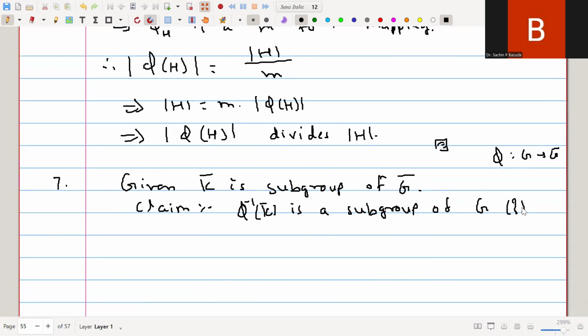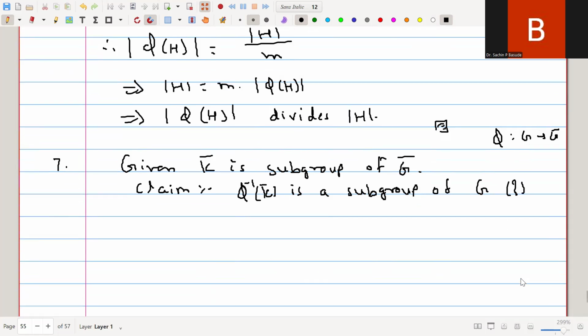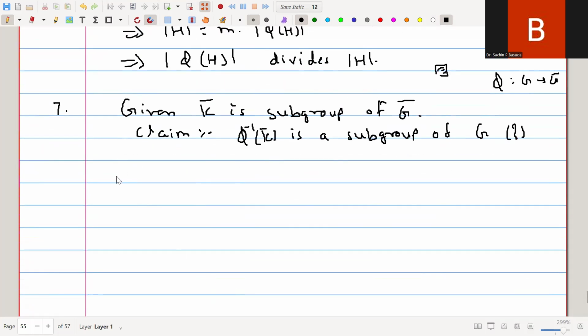Okay. Again, we know that under a homomorphism, identity maps to identity. This belongs to k bar. So this implies e equals phi inverse e dash belongs to phi inverse k bar.